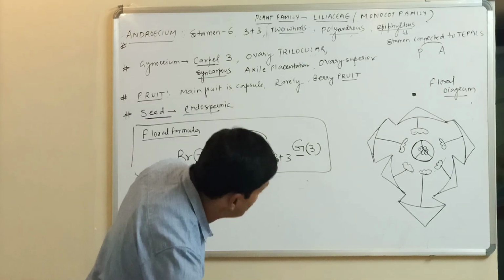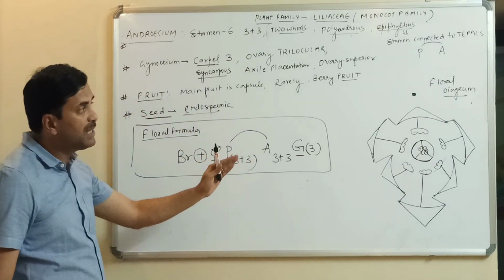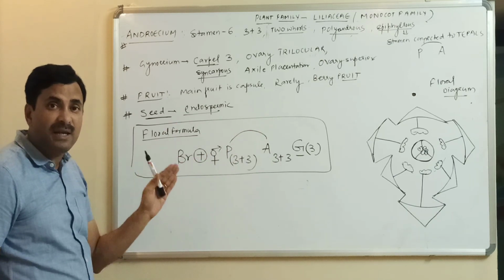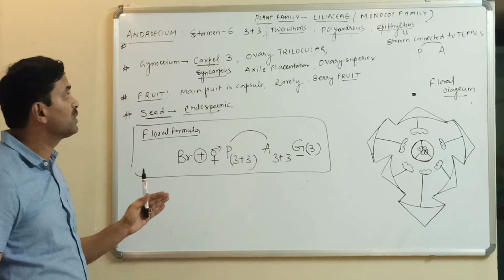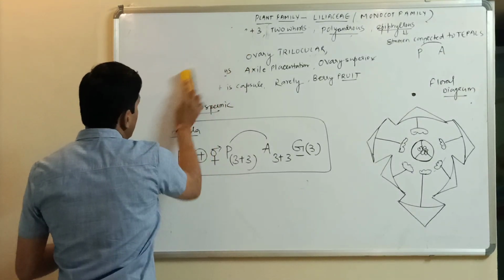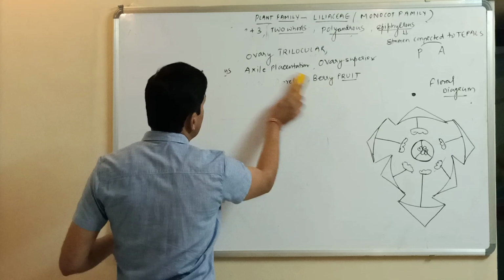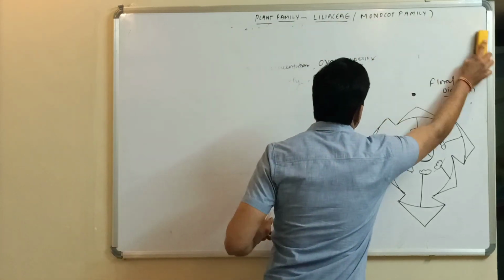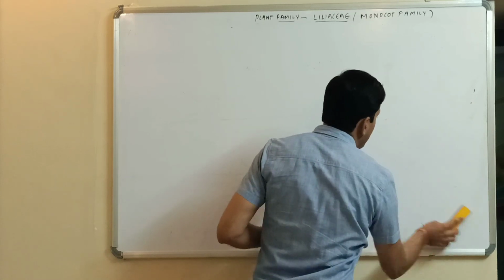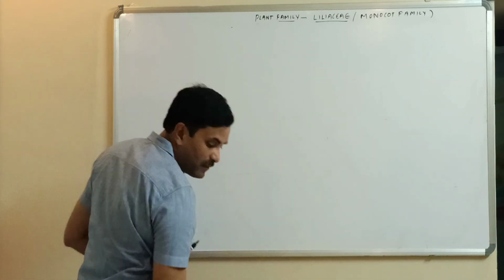But not only this, whenever we are talking about some family, we must know about the floral diagram, floral formula, and at the last we must also know about the economic importance of the family. So let's have a look at the economic importance of the family. What type of economic importance is found.